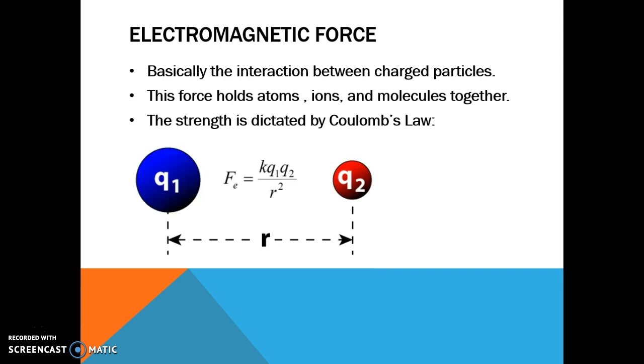We've seen this once before. So basically, the force is equal to a constant times the charge of the two particles divided by the distance between them, squared. So you can have a plus charge and a minus charge. You can have two plus charges.